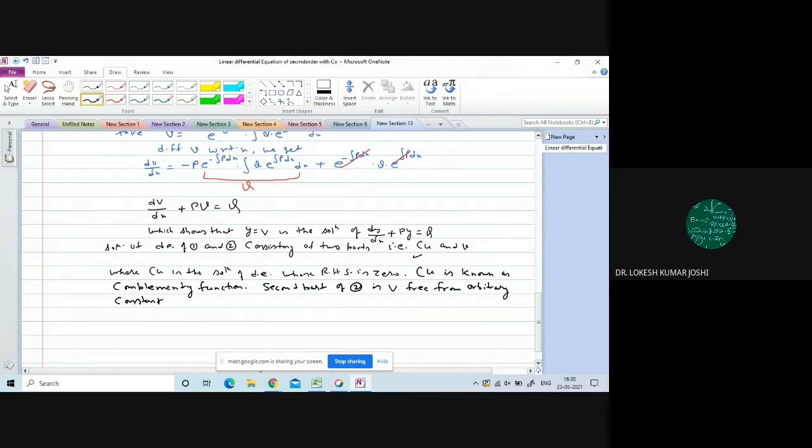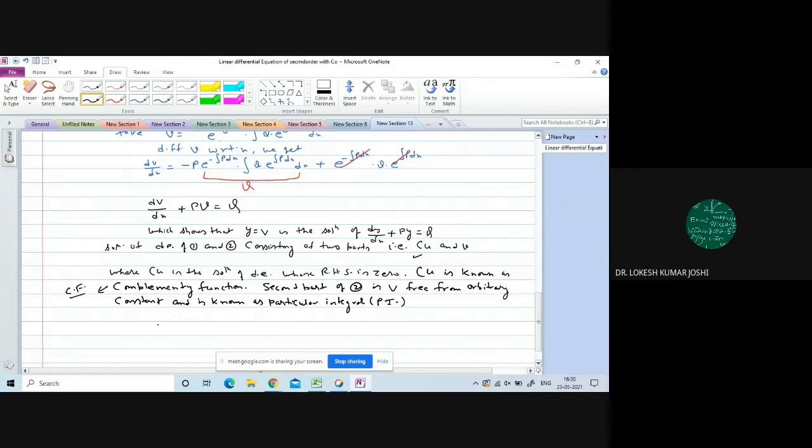There is no arbitrary constant in it. Therefore, this particular part is known as the particular integral. In short, we call it PI, and the complementary function we call CF.